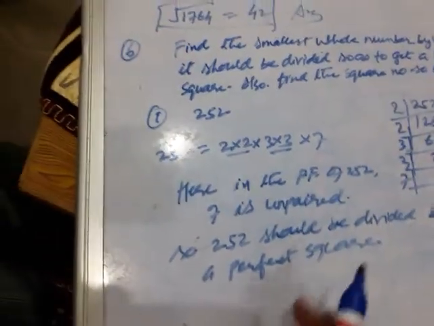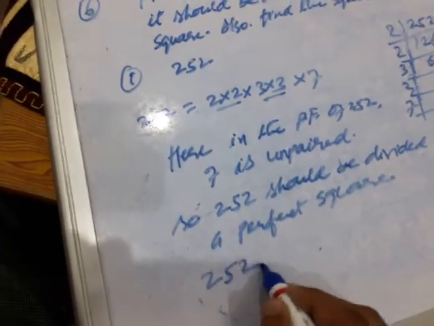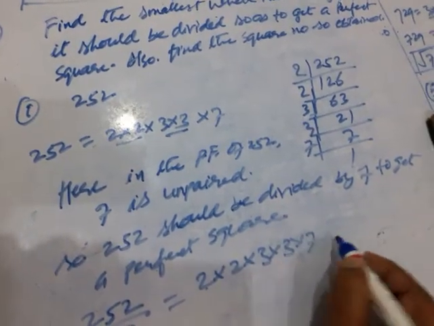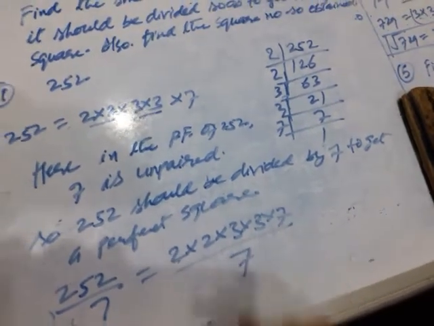Okay children, now divide both sides by 7, that is 252 upon 7 equals 2 into 2 into 3 into 3 into 7 upon 7. Clear children?